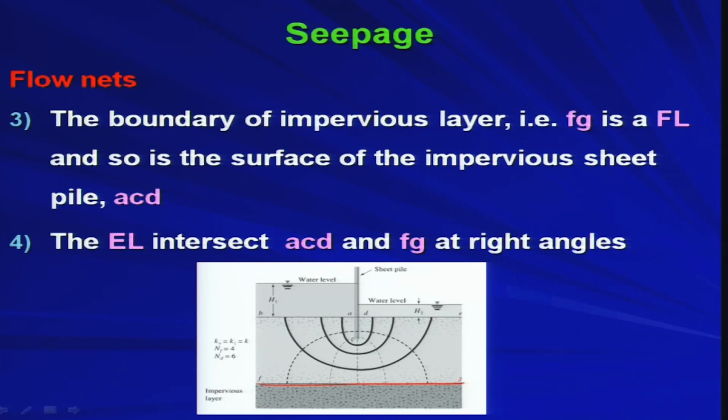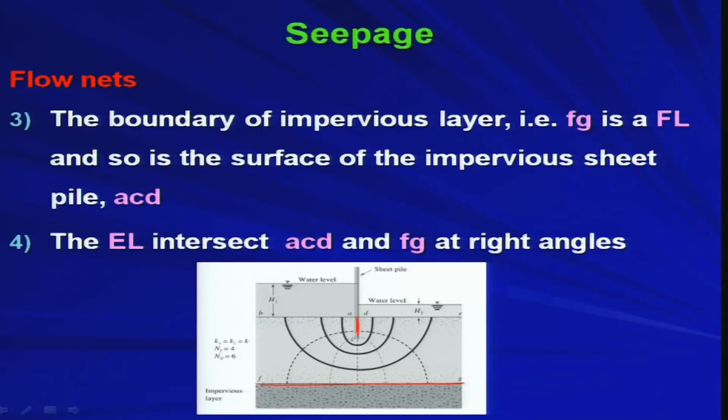Because you are considering the flow lines, the flow can occur along this line. So, the surface of the impervious sheet pile ACD, this line is also a flow line. Flow cannot occur across the sheet pile, but it can occur along the line ACD. So, it is one of the flow lines.